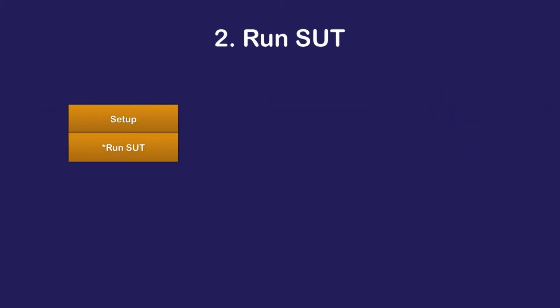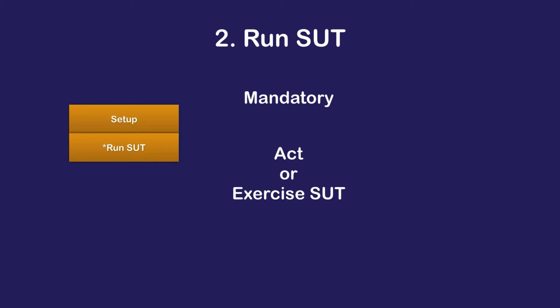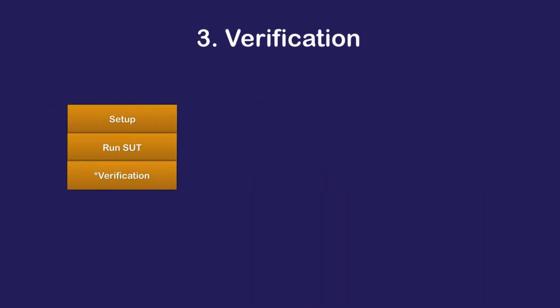The next step is running the SUT. This is the step that runs the SUT with test data and/or the fake dependencies. This is a mandatory step for any unit test. This step is commonly referred to as act or exercise SUT. The third step is verification.